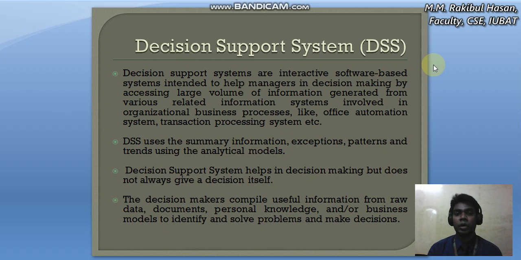These decision support systems are interactive software-based systems intended to help managers in decision making by accessing large volumes of information generated from various related information systems involved in organizational business processes, like the office automation system, the transaction processing system, etc. So what this information system will do is collect data from different sources like the office automation system, TPS or transaction processing system, or POS, point of sale.